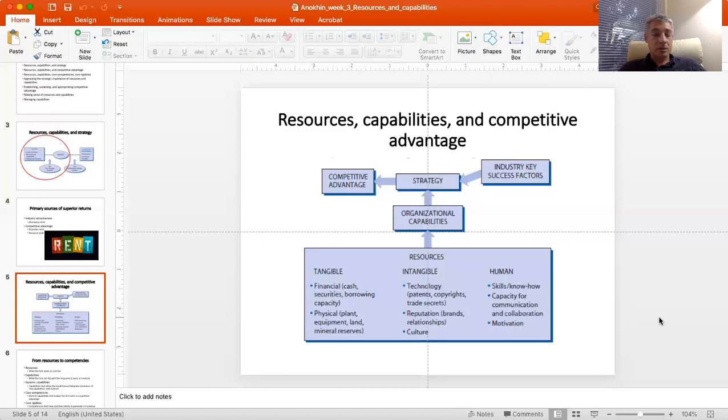So not so much tangible resources. Think about a consultant business. If you have a reputation for excellence, then you would be able to demand above average prices, even though your costs are not necessarily higher than those of your competitors. So reputation is extremely important.